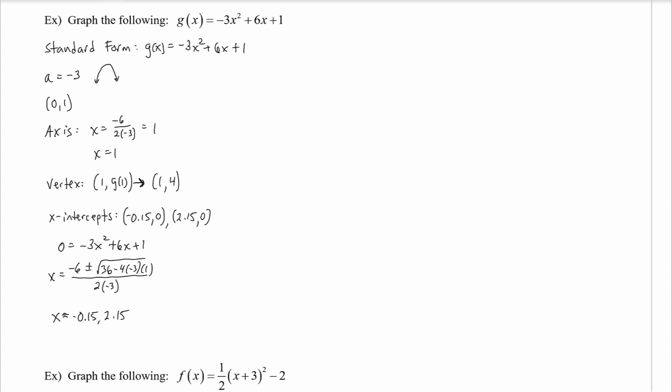But the other option is to take a second and go ahead and turn it into vertex form. Now, we'll graph this here in a sec, but what if you wanted to turn it into vertex form? So you could start with standard form and then, as we saw earlier, if you just simply complete the square, so let's take out our negative 3, divide by 2, and square it.